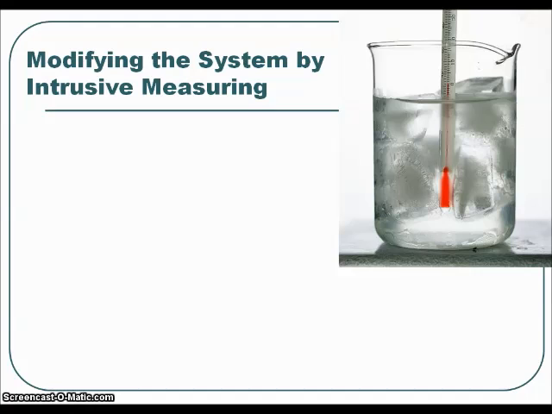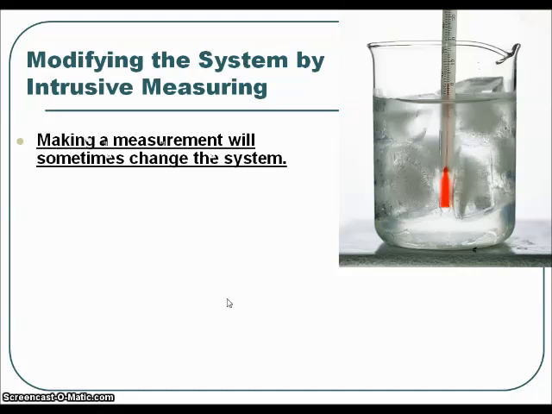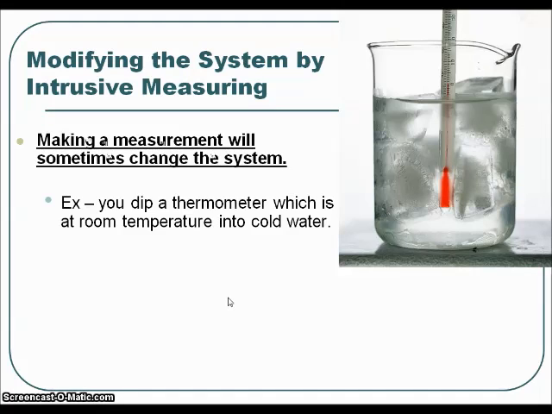Another interesting one to think about is a lot of times just in the process of making a measurement, you actually mess up and change that factor. And here's a good example. If maybe I stick a thermometer in some ice water to try to figure out what the temperature of my water is. Well, so I get my thermometer, which has been sitting out in the room.